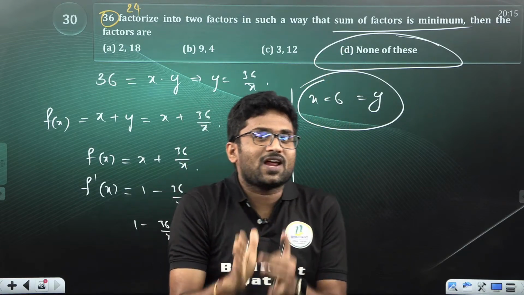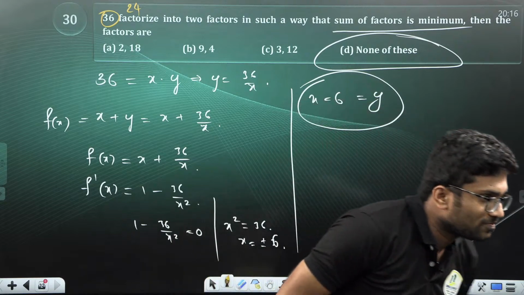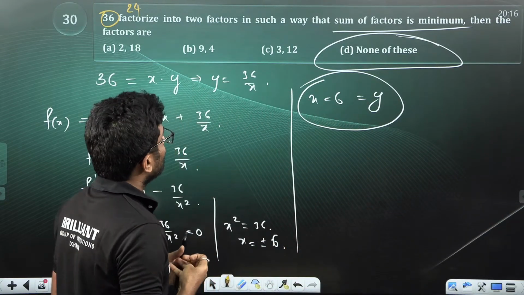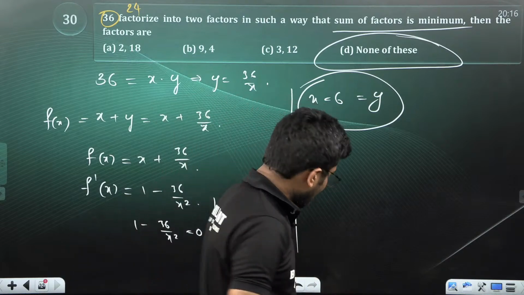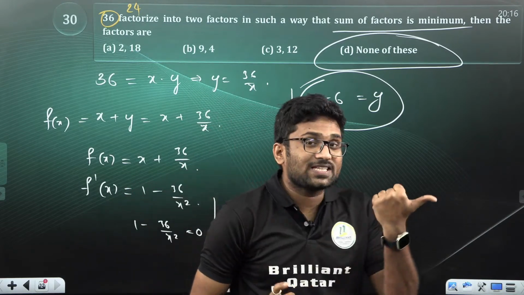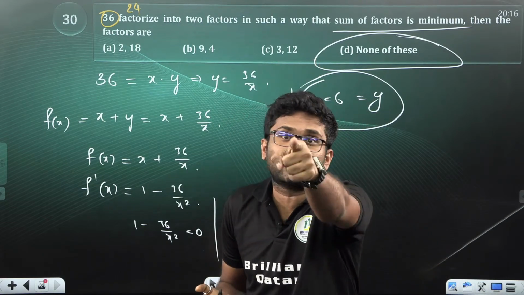So, if instead of 36, they give you 24, what will be the correct answer? 6, 4. Same process. See, in the previous case we got equal factors. That doesn't mean that only for perfect squares we get equal factors.